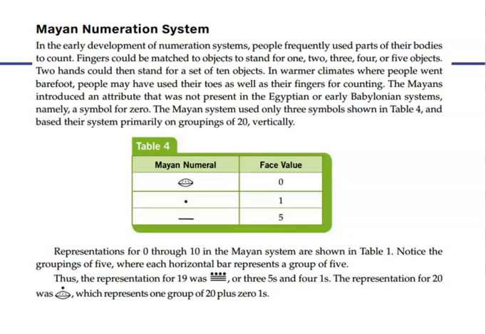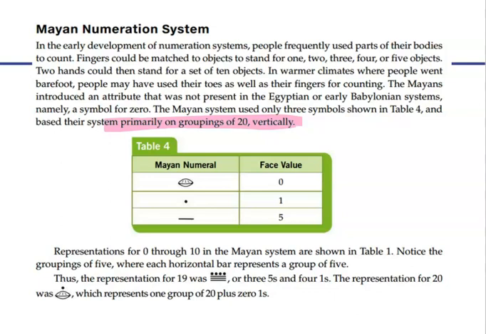The Mayan system used only 3 symbols and based their system primarily on groupings of 20 vertically. I'm going to highlight that because that's really important when we start trying to write the Hindu-Arabic number for some of these Mayan numerals, okay? So representations for 0 through 10 in the Mayan system are shown in Table 1. Again, the 0 looks like a UFO.